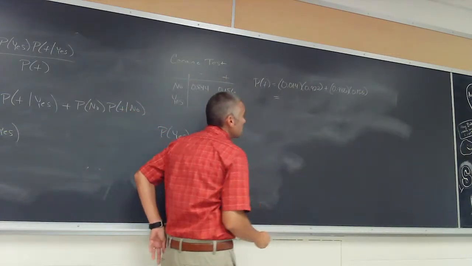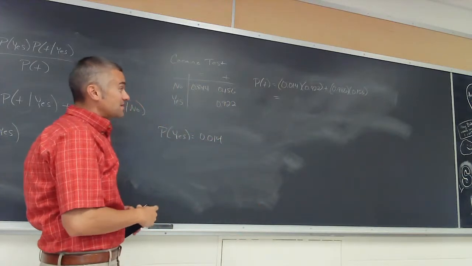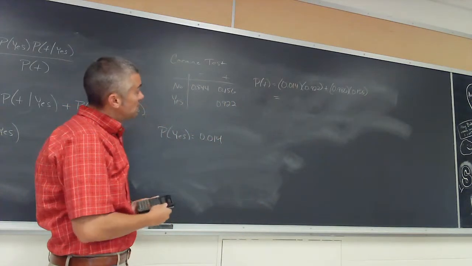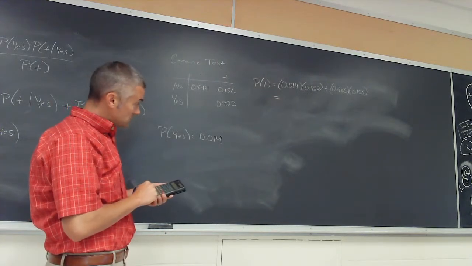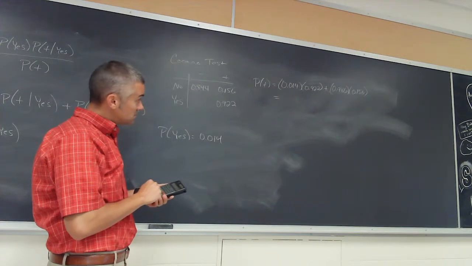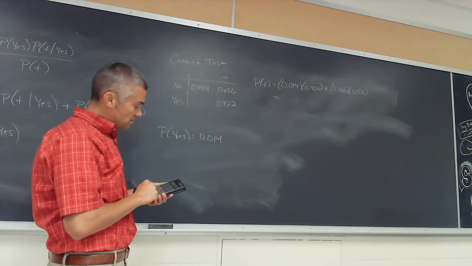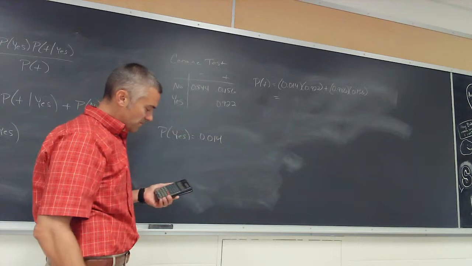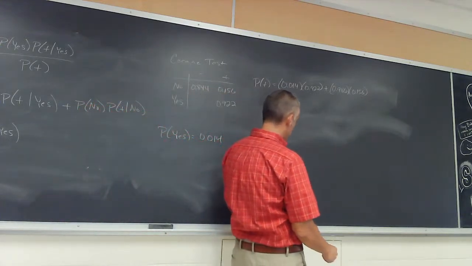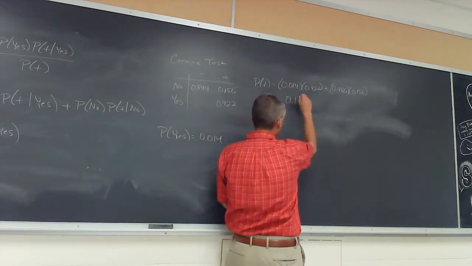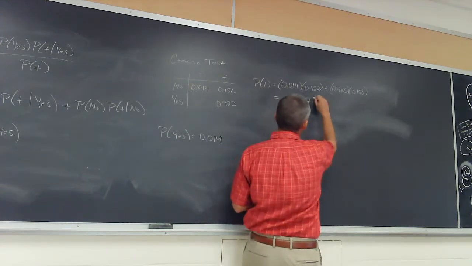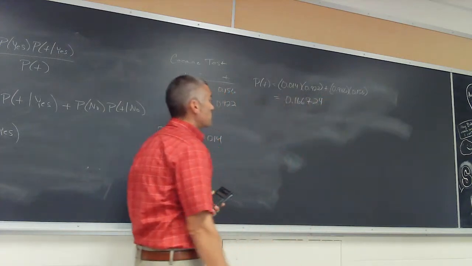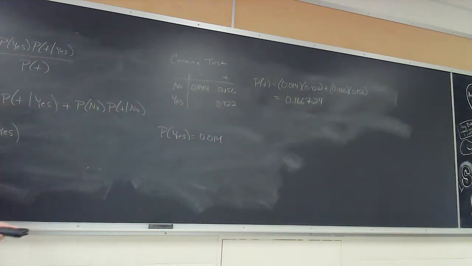So the probability of that test coming back positive is 0.014 times 0.922 plus 0.986 times 0.156, which is 0.1667. So a 16.7% chance that it comes back positive.